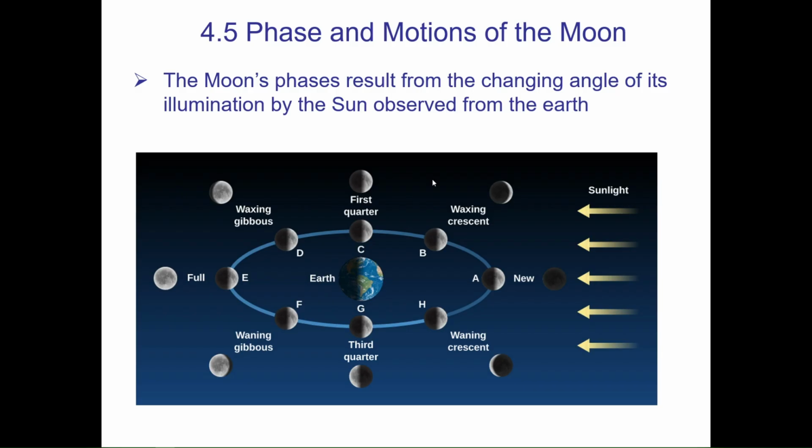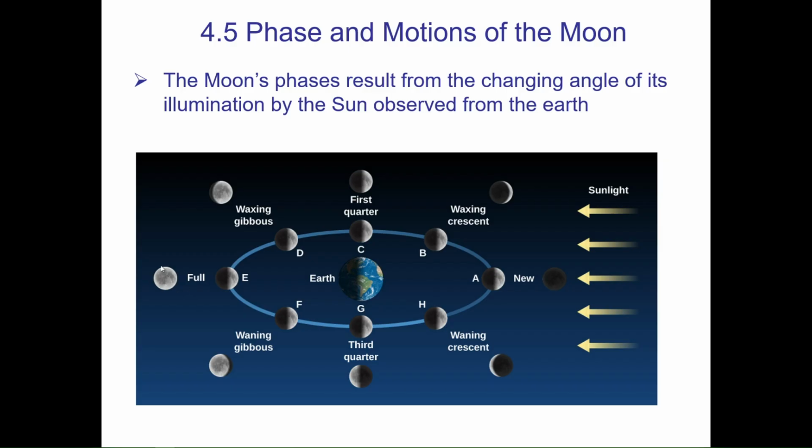Remember, in the first quarter and the waxing crescent, the bright part is always on the right-hand side. As we keep moving through the month, you are able to see more and more of the lighted half of the moon. So that is a waxing gibbous.